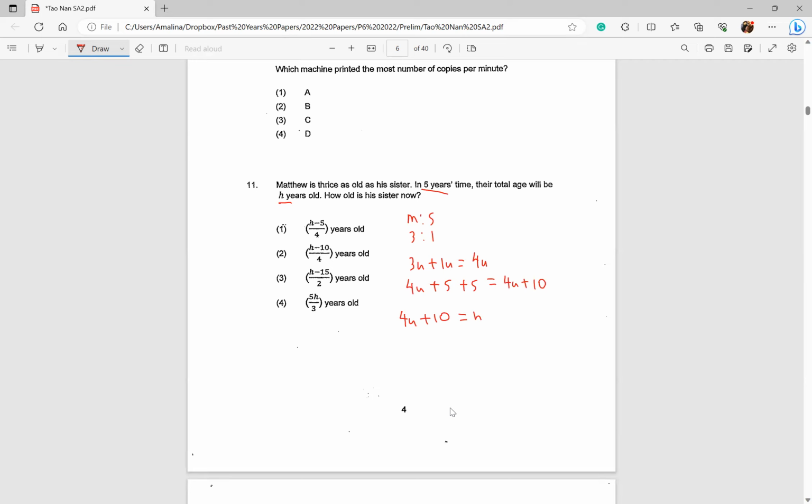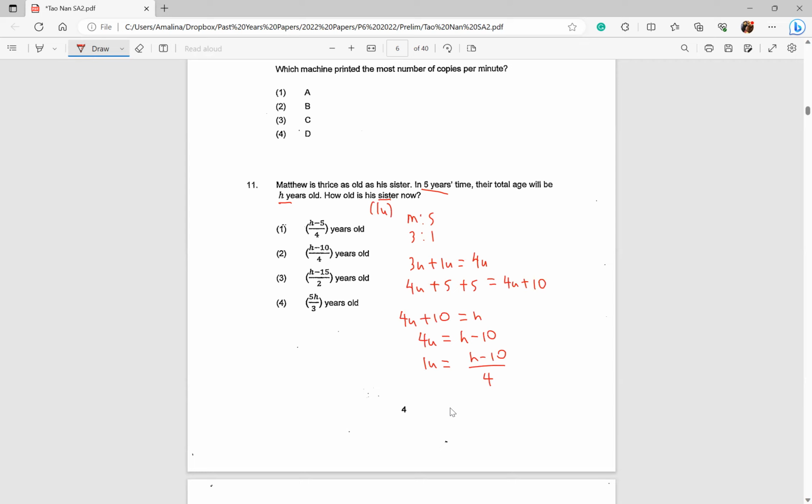You want to find for 4 units, so I'm trying to find the sister. Sister currently is 1 unit. So I need to go and solve my equation. So bring over your 10 to the other side. Okay, so 4u is as good as h minus 10. And finally, when you want to find your 1 unit, you have to divide this expression by 4.